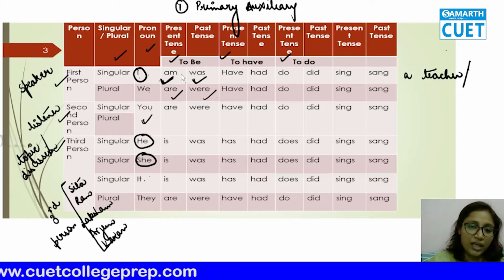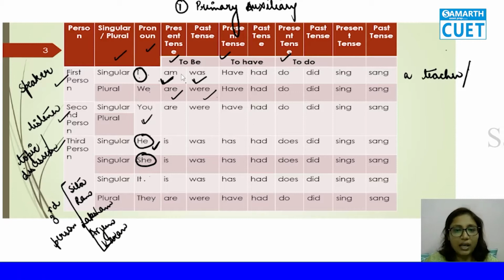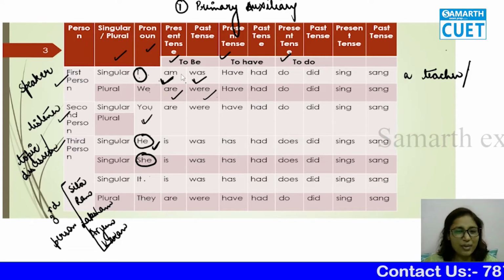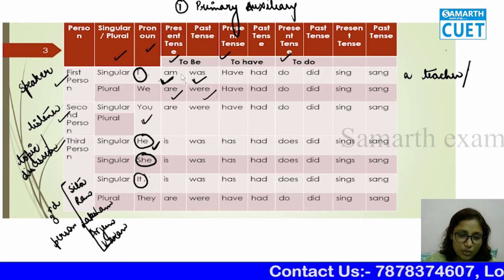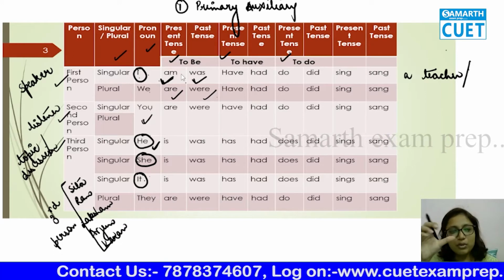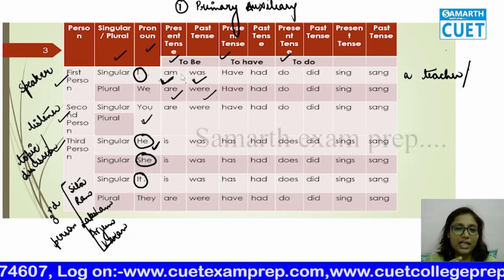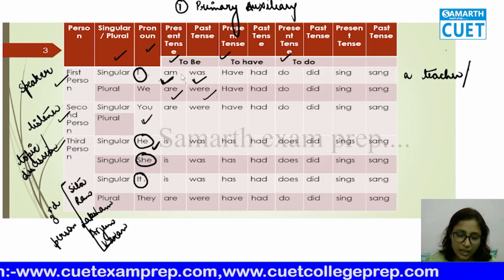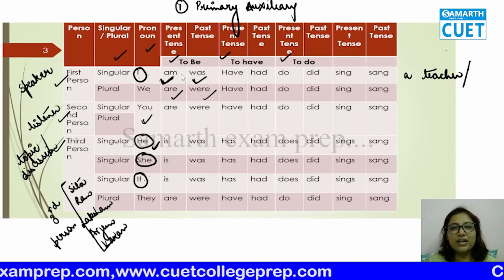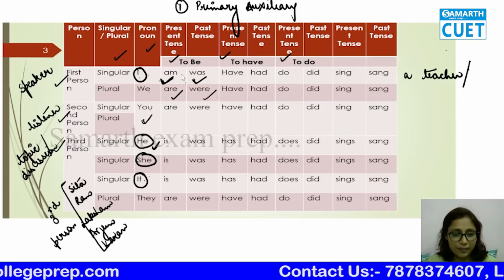Similarly, in third person, if we are using the pronoun he: He is a teacher, she is a teacher, it is a teacher, they are teachers. Now using teacher with it will sound a bit awkward, but I'm using teacher for everything just for the sentence. But with it, what is it? A non-living thing or a gender-neutral thing. It cannot be a teacher, no.